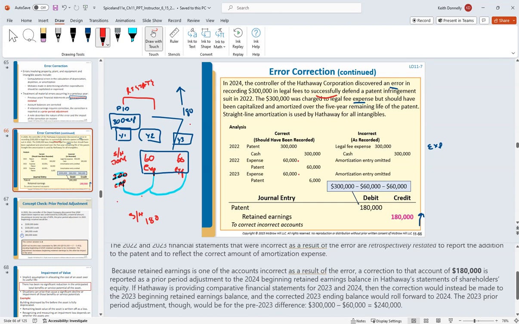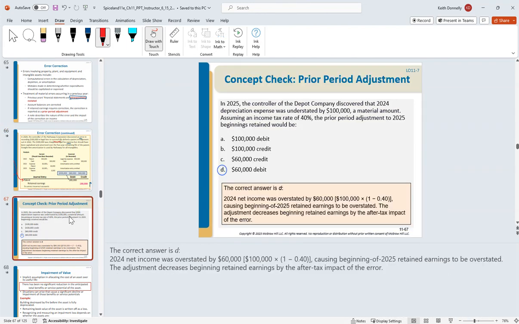But how they have it on there, it's at zero because we expensed the whole thing in year one. So that other difference is where we get the debit to patent of 180. So, prior period adjustment for an error: you got to go back and restate and look at the cumulative effect of that error. Change in estimate or change in method, you just deal with prospectively moving forward.